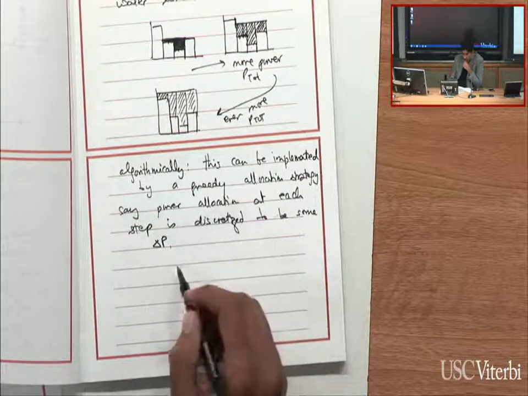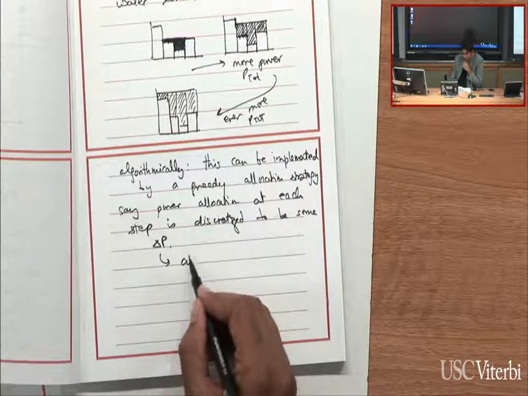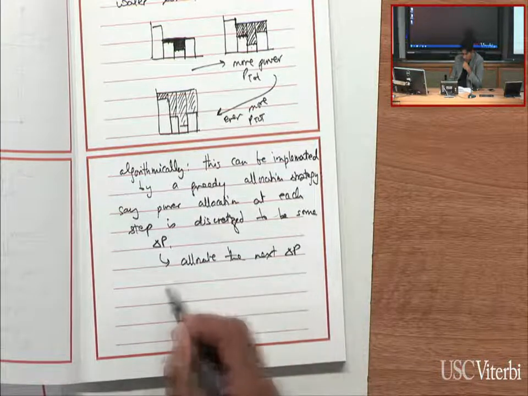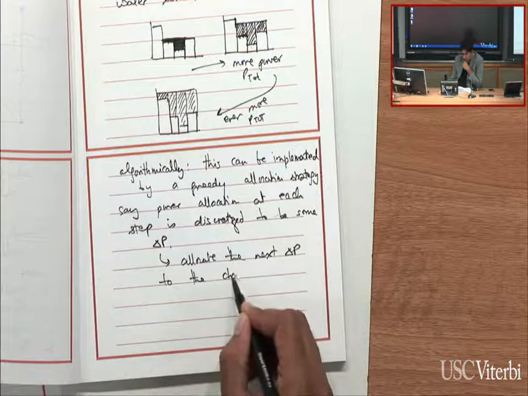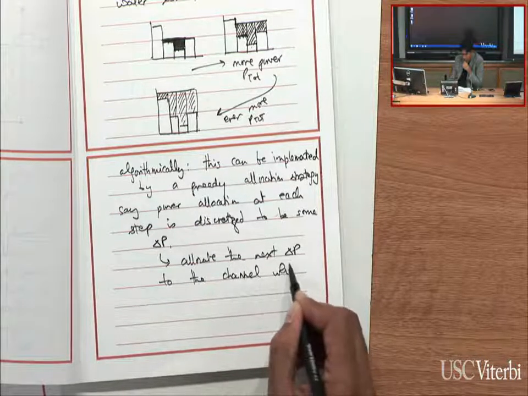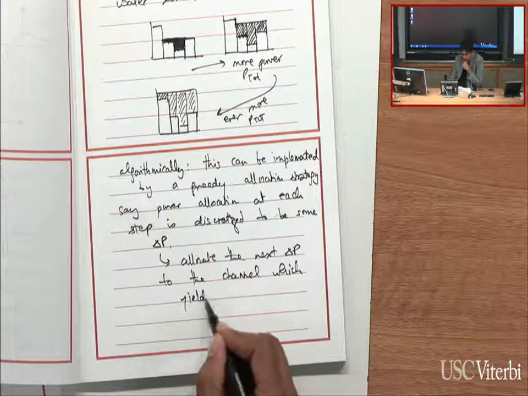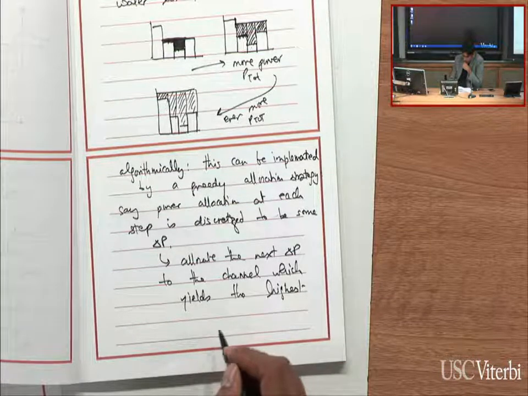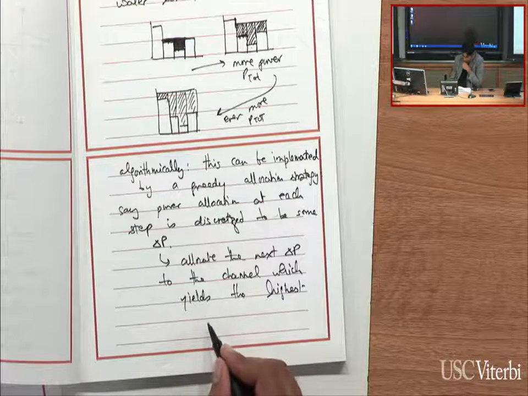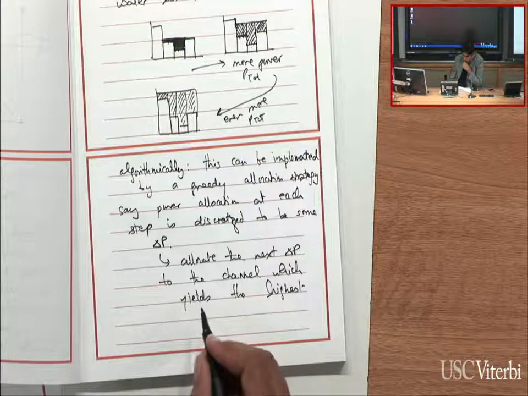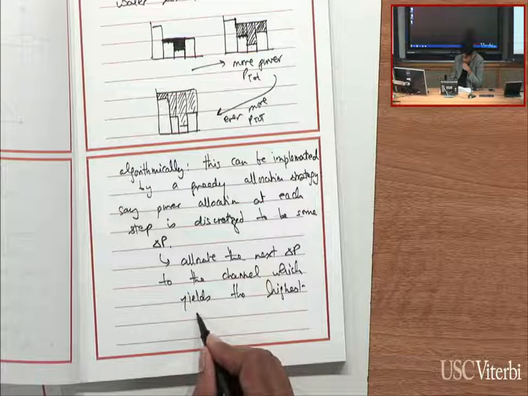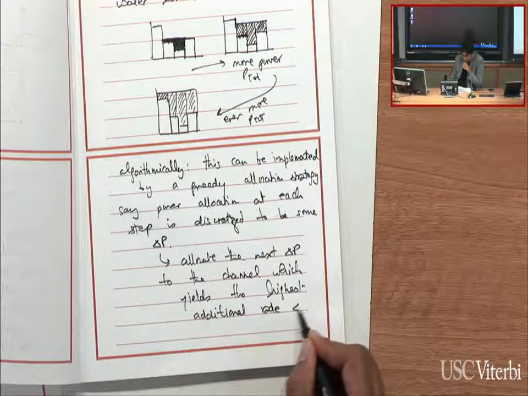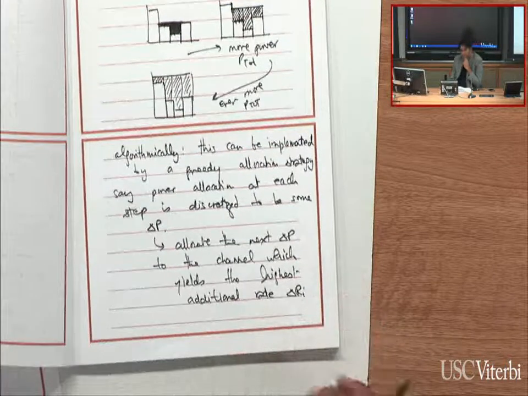And basically the greedy allocation strategy would be: allocate the next delta P to the channel which yields the highest additional rate. Let's call it delta Ri.